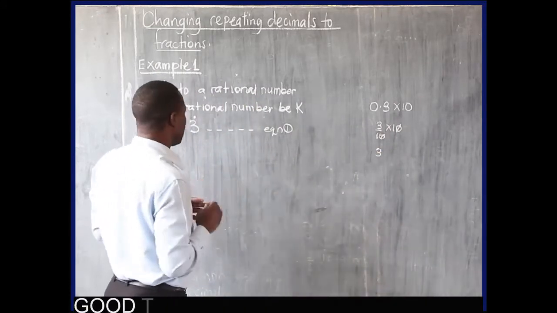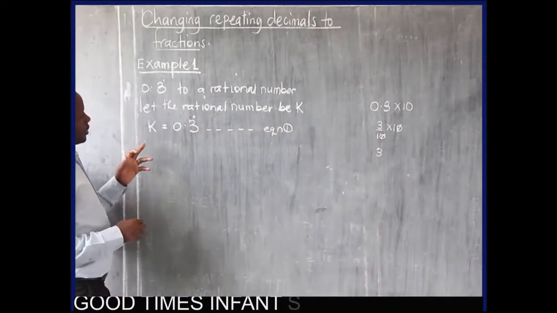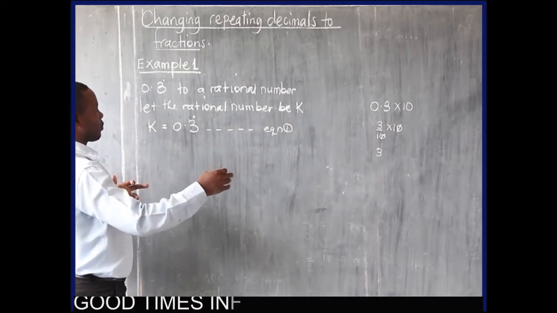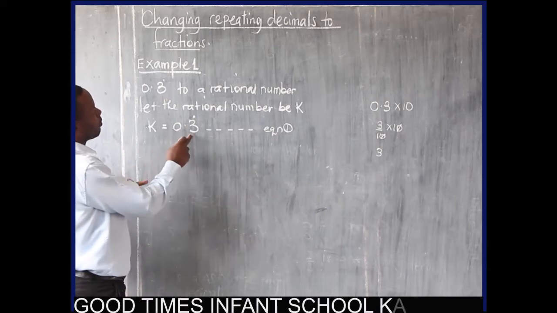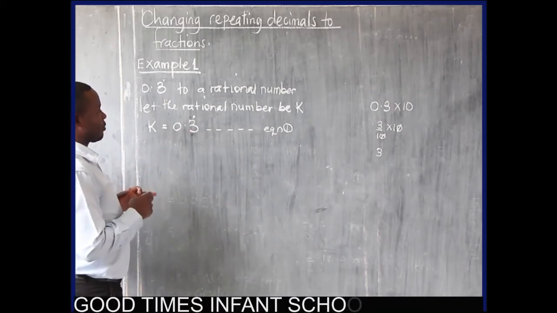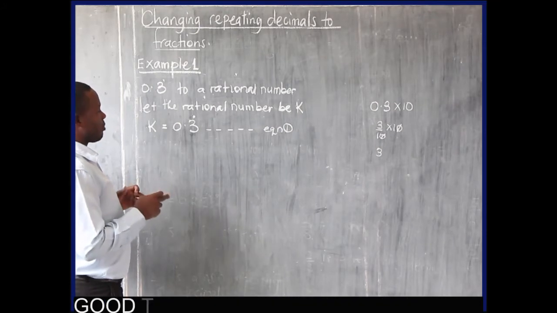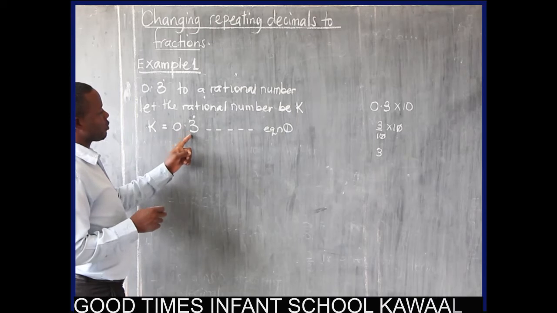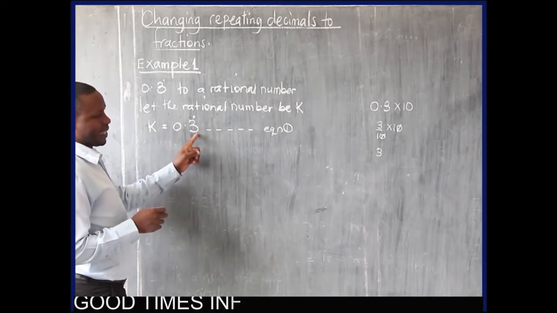Using that idea, this equation has very many digits, so we have to consider which number we can multiply on this one so that it gives us a whole number instead of 0.3. We see this has one decimal place, so when it has one decimal place, we multiply by 10.